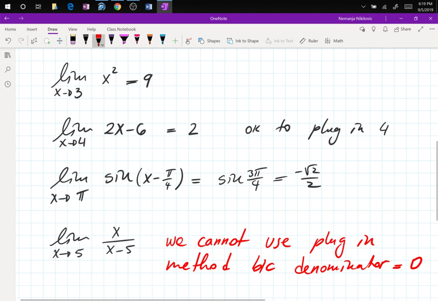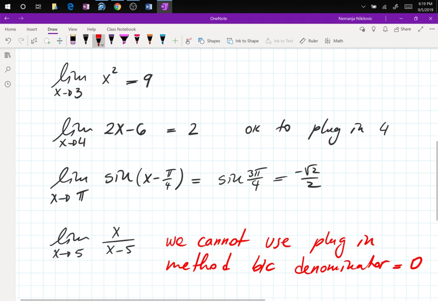On the other side, anytime you plug in a value and you get 0 in denominator or something weird happens, there are other situations as well, in that case, plug-in method doesn't work. You would have to use other means to calculate the limit. And we would like to learn about those.